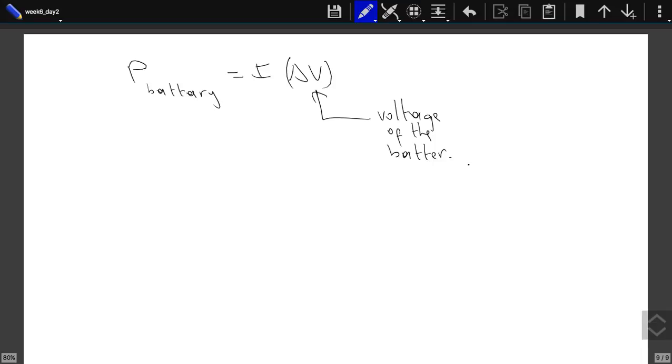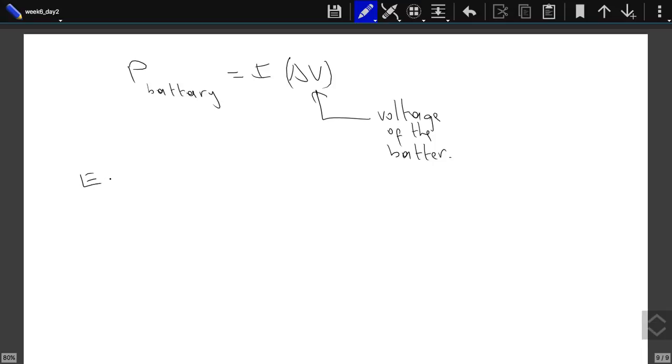You are using up the chemicals. It's the chemical energy that is decreasing. You are converting chemical energy in the battery, first to current, and then the resistor converts it into, let's say, heat. Yes, the battery has an internal resistance.